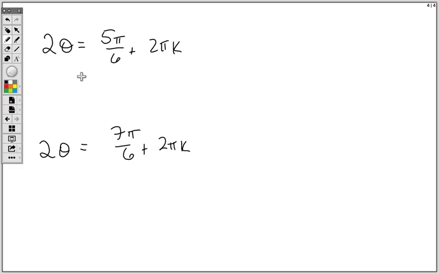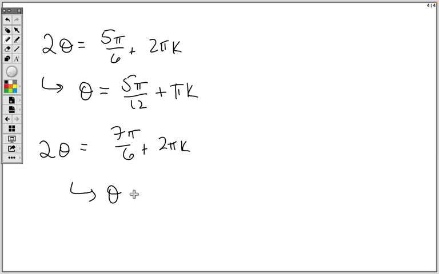Now how would I solve this equation for theta? I'd have to divide both sides by 2, which is the same as multiplying both sides by a half. So I'd have to take 1/2 times all of this. 1/2 times 5 pi over 6 would give me 5 pi over 12. 1/2 of 2 pi k would give me pi k. 1/2 of 7 pi over 6 would give me 7 pi over 12. 1/2 of 2 pi k would give me pi k.